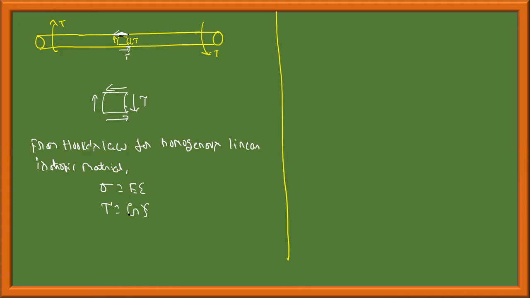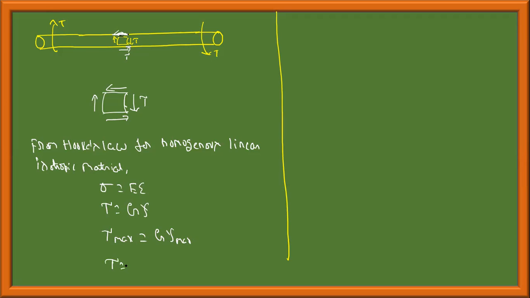Shear stress is directly proportional to shear strain within the proportional limit. Now, in our case, we are talking about maximum shear stress. Tau max is equal to G into gamma max, with respect to the maximum shear strain.